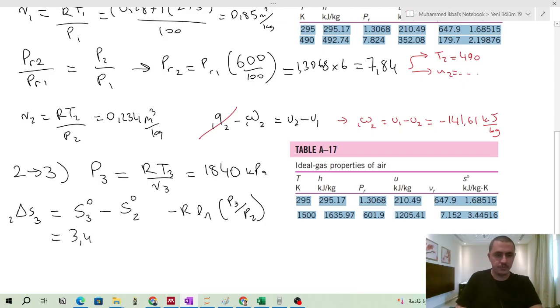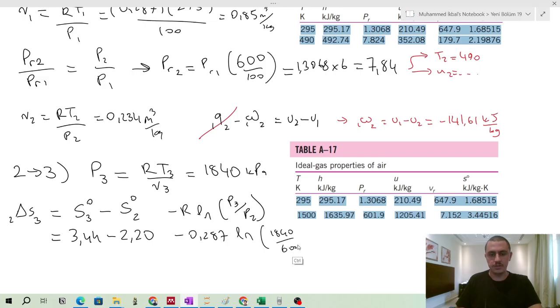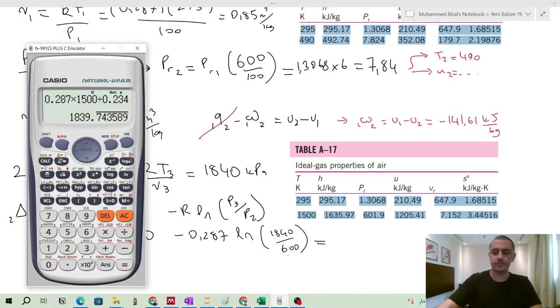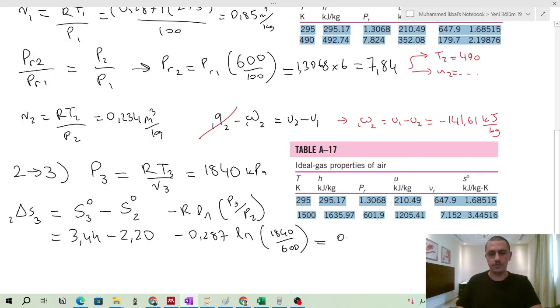S3 is just 3.44 from the table, and S2 is this one, 2.20, minus R ln pressure ratio, which is this value. R is 0.287 times ln of the pressure over 600, which equals 0.92 kilojoule per kilogram Kelvin, right?